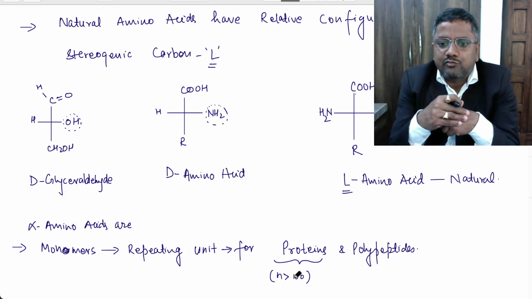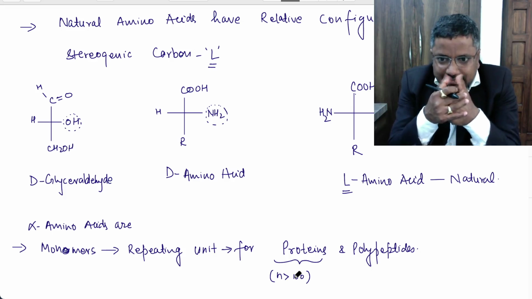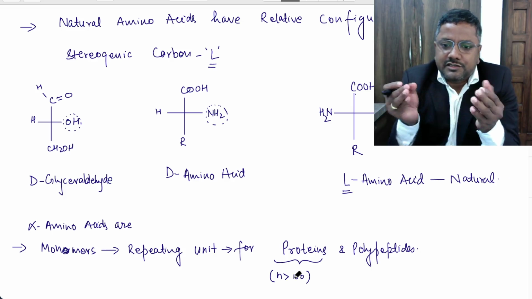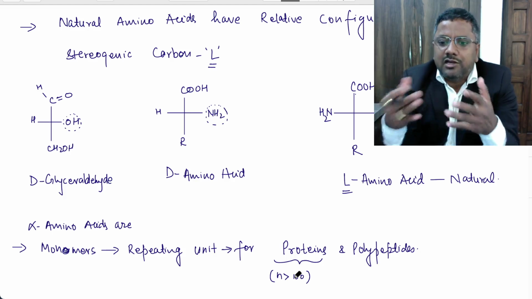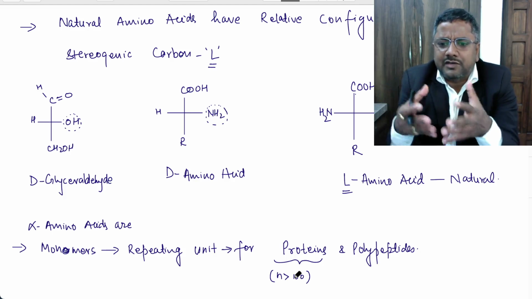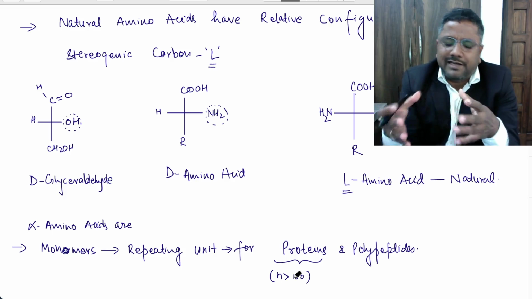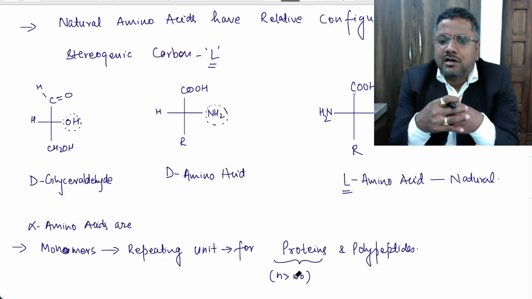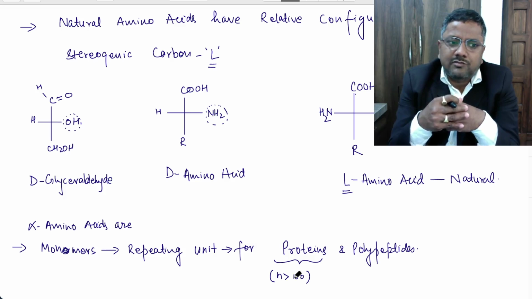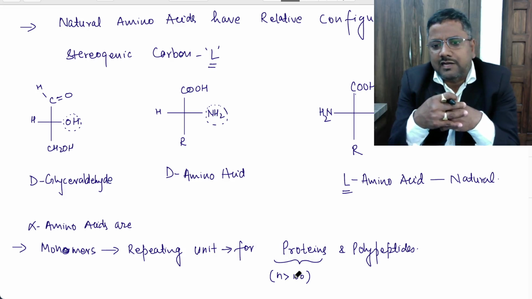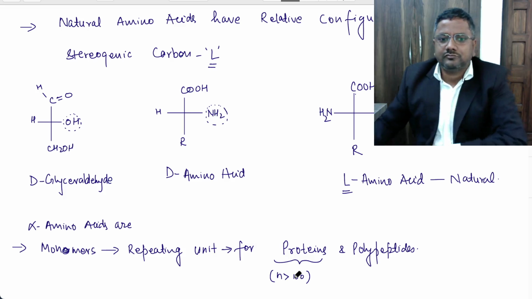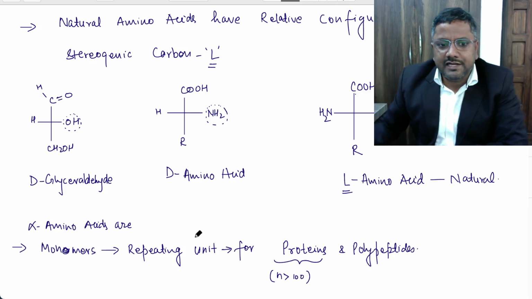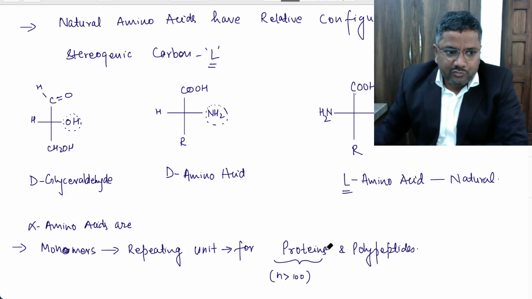So there is a clear-cut distinction: proteins are high molecular weight compounds. That's why it is classified like this: if 100 or more amino acid units are there, then this is called a protein. So obviously this is a high molecular weight compound, right? In this regard, amino acids are very important.